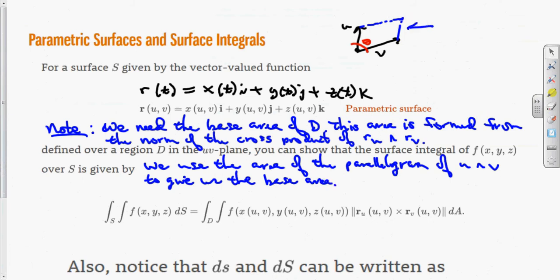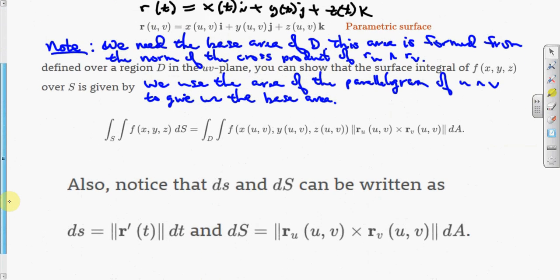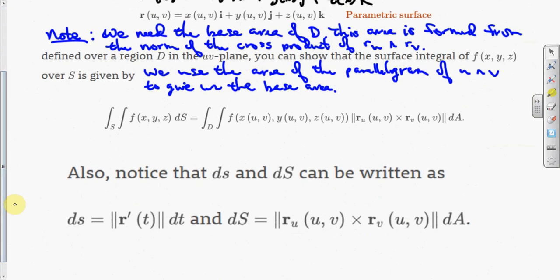So here, notice here that the area for this parallelogram is the norm of the cross product of u and v. So that's what we use. In this section, we're using capital DS.